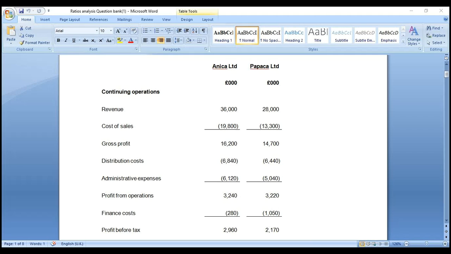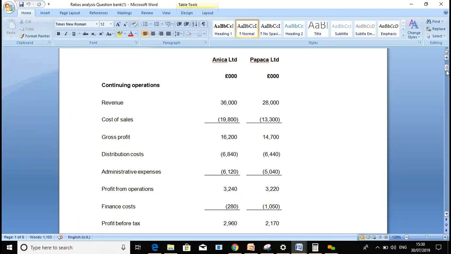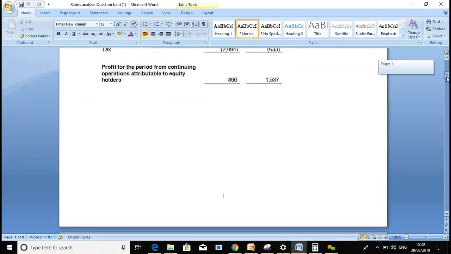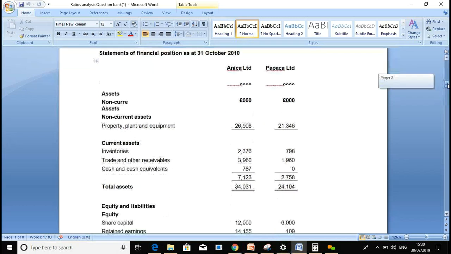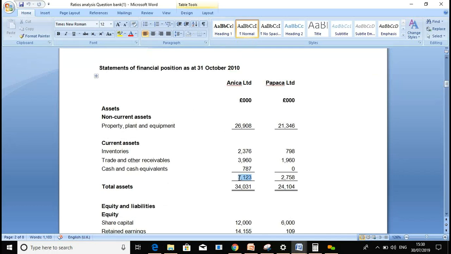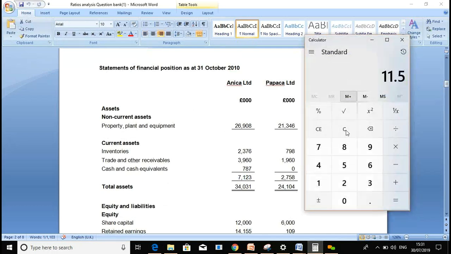So all the formulas. Now if we go to the balance sheet, we have current asset divided by current liability. Current asset is 7123.